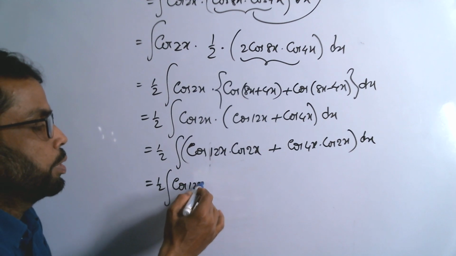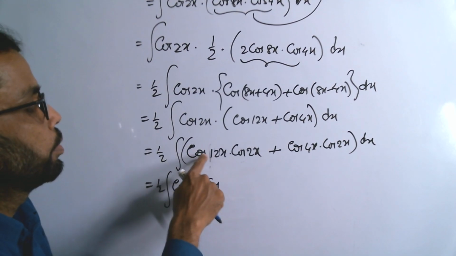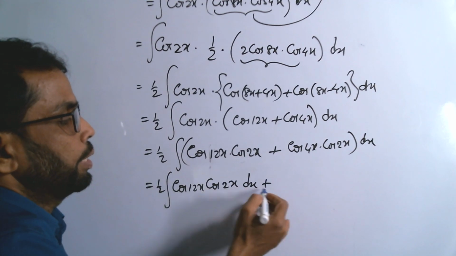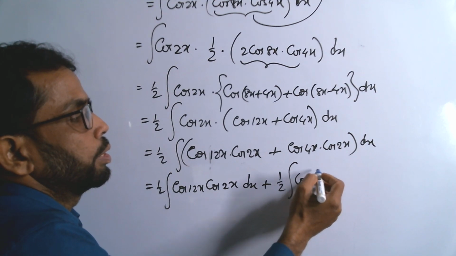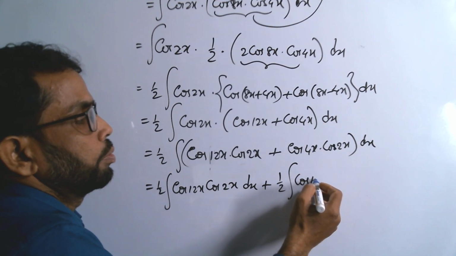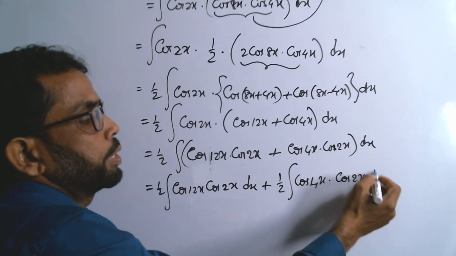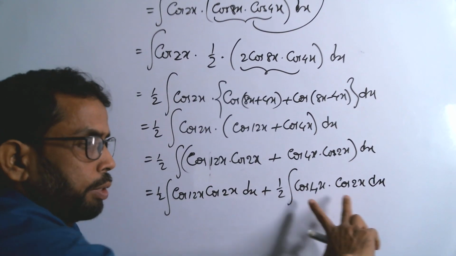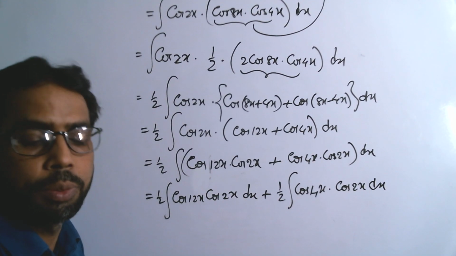It is the integral of cos 12x cos 2x dx plus 1 by 2 common again, 1 by 2 integral of cos 4x into cos 2x dx. Now it is a product of 2. Again we can apply the cos A cos B formula here, and we can easily do the integration.